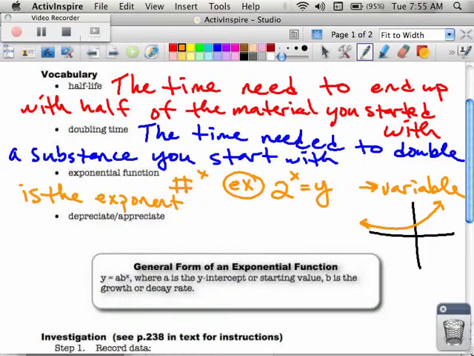And then the last piece here in the vocabulary, at least, to depreciate and appreciate is to go down, that's depreciate, or up, that's appreciate, in value. So sometimes, for example, maybe you have a Corvette and you bought it, it's a 1958 Corvette.